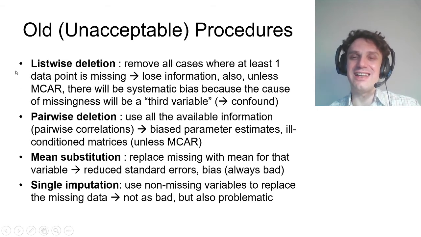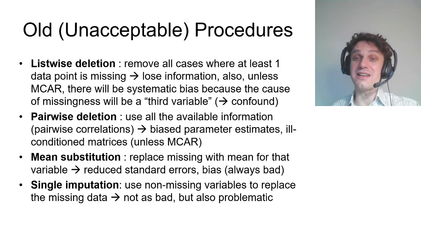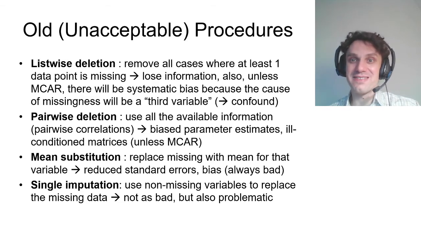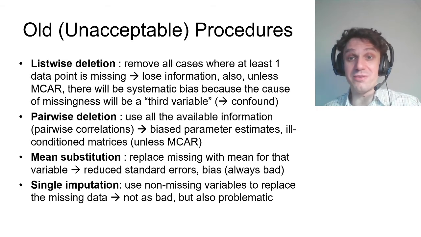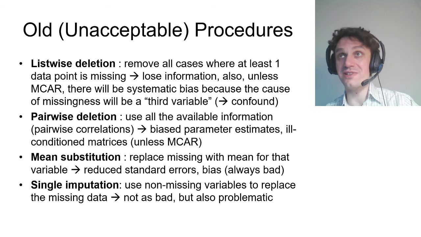Listwise deletion: imagine that in your questionnaire you have 500 questions, and if a person has not answered one question, their answers will be completely excluded from your analysis. So if at least one data point is missing for an observation, this observation is excluded from your analysis. Now, of course, if you only have a couple of people with responses missing, this is not a problem. It won't make much of a difference.